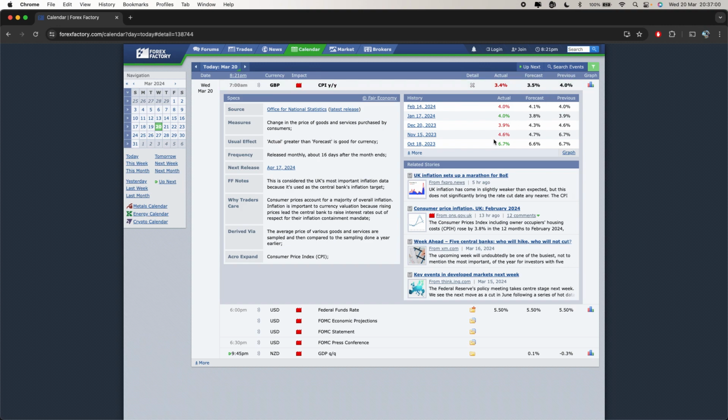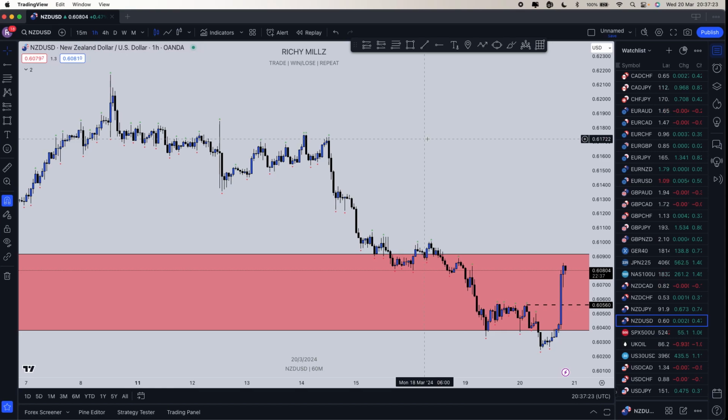As you can see, the actual turned out to be red, because this is in comparison to the forecast. 3.4 is obviously less than 3.5. So with the GBP, anything beginning with GBP is going to have a massive sell-off. Anything ending in GBP is going to have a massive buy-off.